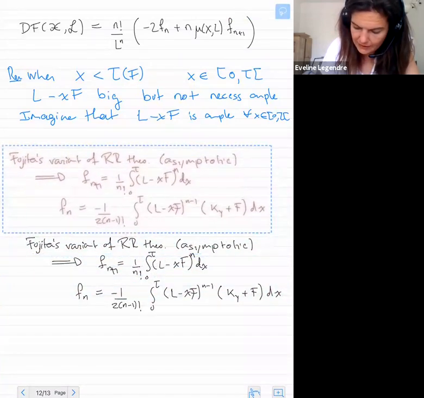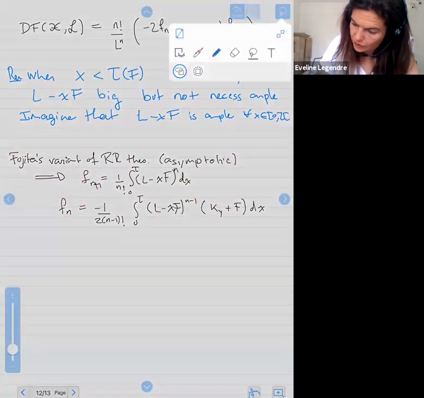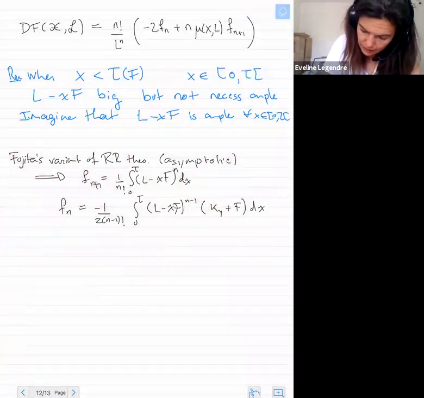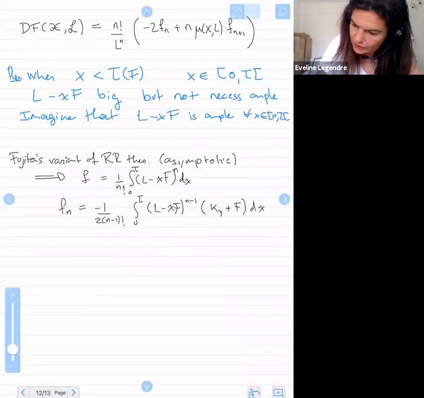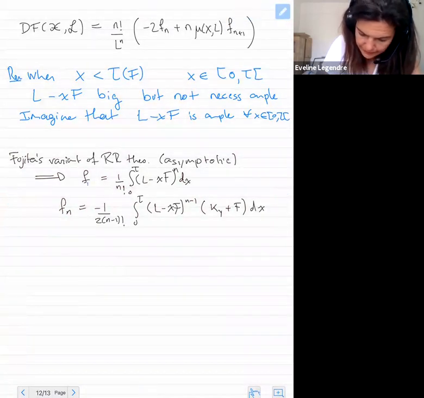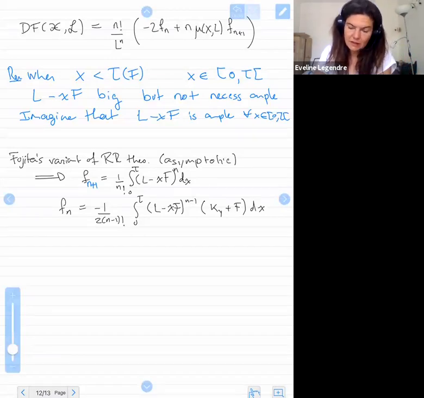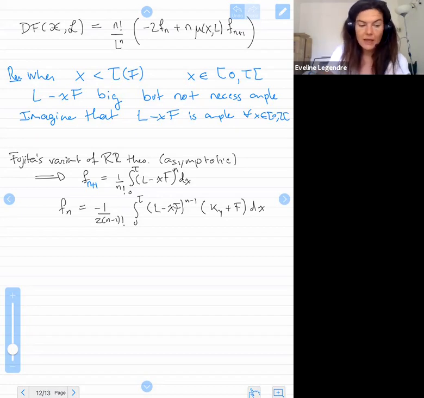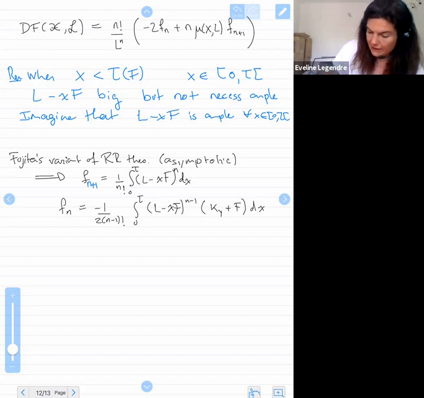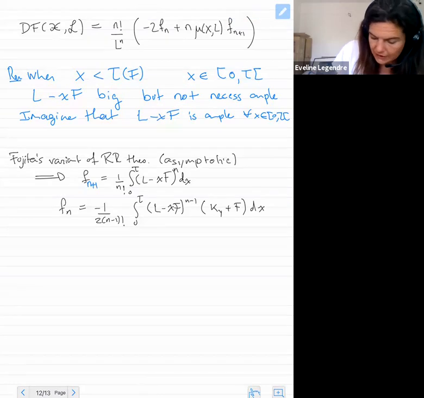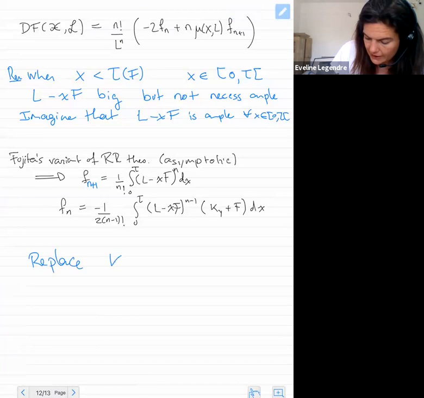To prove that the n plus 1, so maybe here I should write it correctly. This is n plus 1. To write it this way, as the integral from 0 to tau of this intersection formula. Then, if we assume that we can do that, you can replace K_Y.